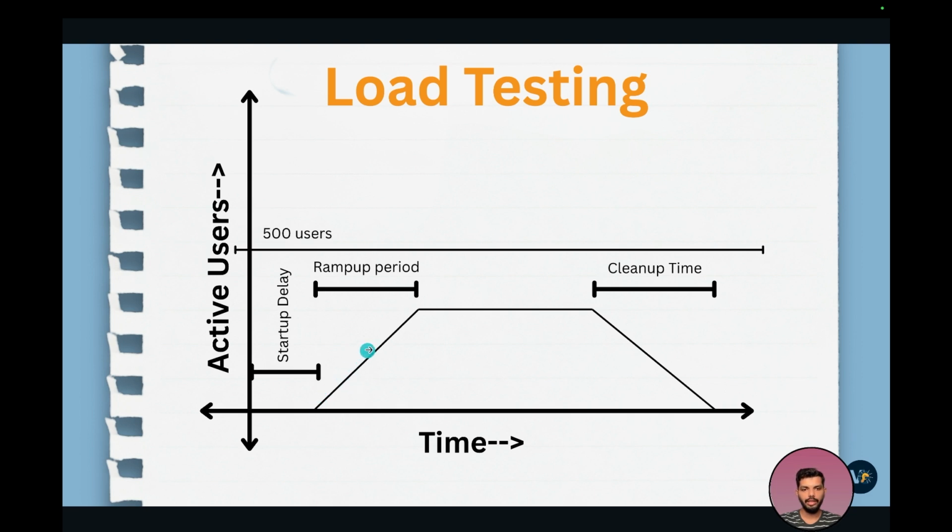During this ramp up time, there will be some threads that might finish their execution. So the active users won't scale up to 500 users, because some threads have finished their execution while the ramp up period is still going on. That's why we observe this kind of curve.